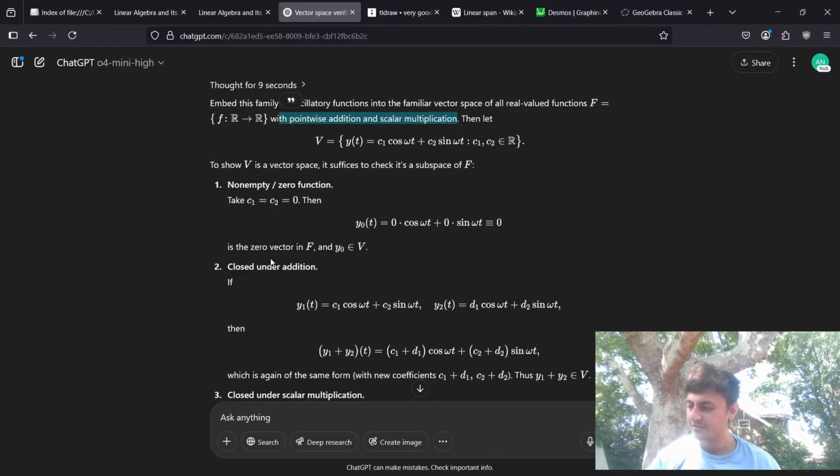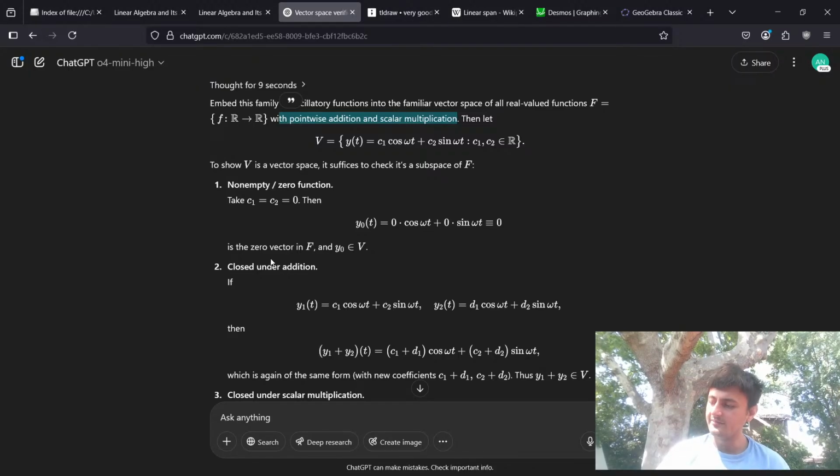What you do is you take it to be a subset of the real valued functions, which we assume from prior knowledge is a vector space. Then just show it's a subspace.